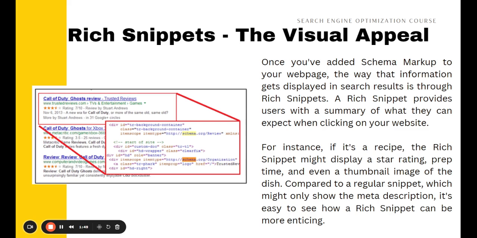In this example, it might display a star rating, prep time, even a thumbnail or an image of the dish. If you don't have Schema Markup, you won't be able to see those images. You won't be able to see the ratings. So rich snippets make your listings more enticing for people who are searching.